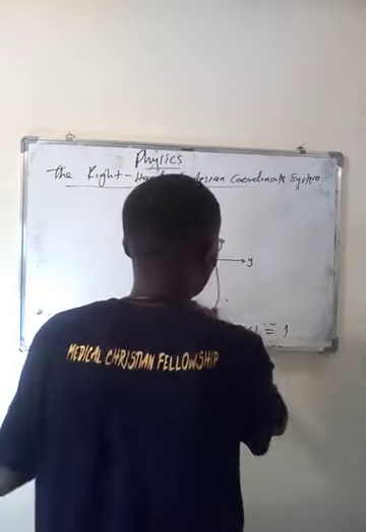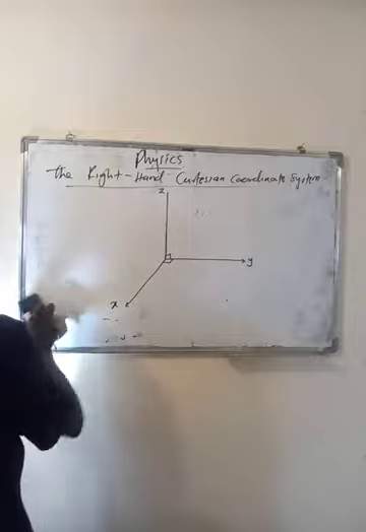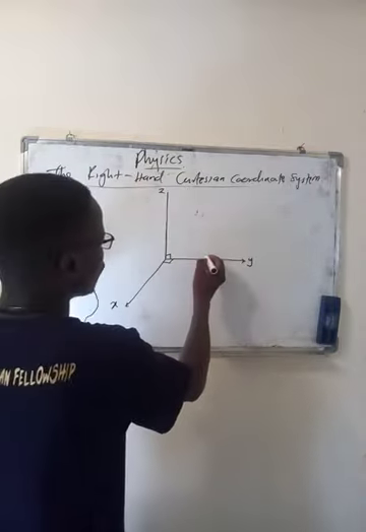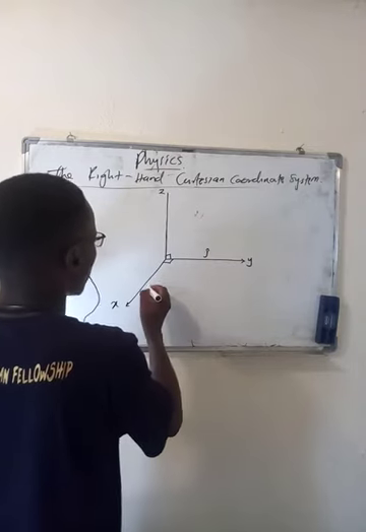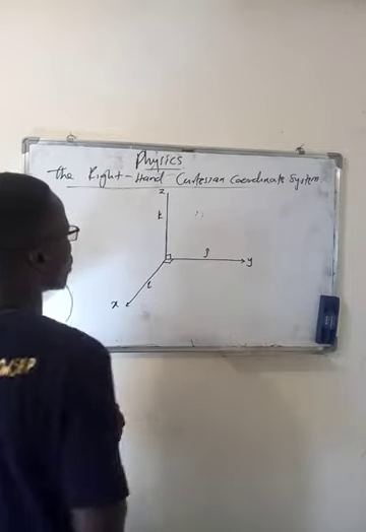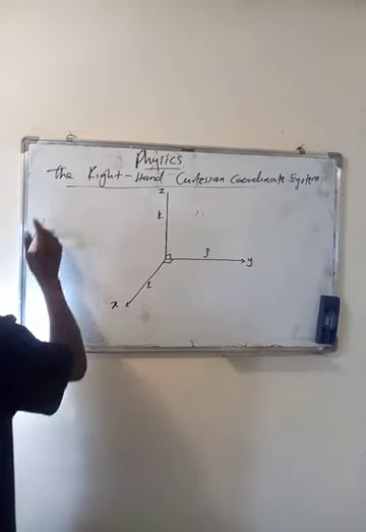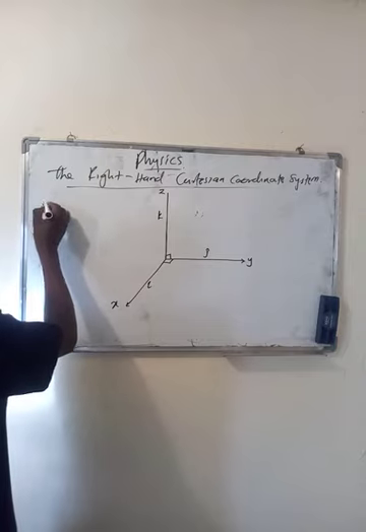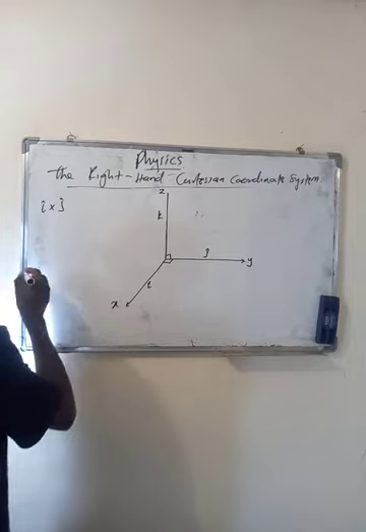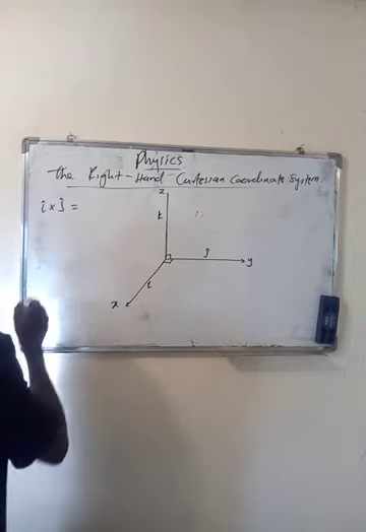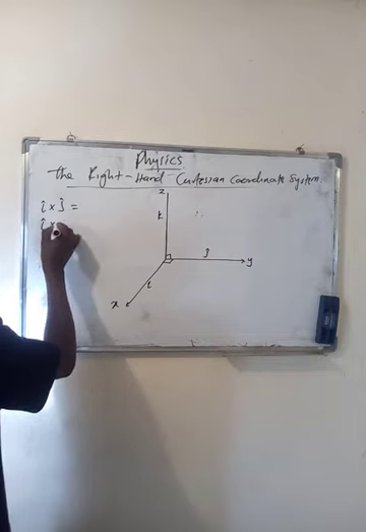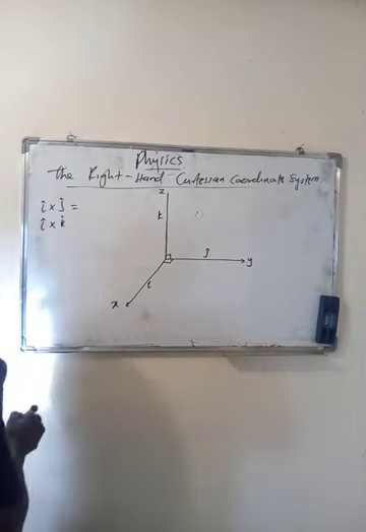Okay, so now let's proceed and look at how we use the right-hand Cartesian coordinate system. This side we have j, this side we have I, this side we have k. Let's look at a situation where we have I multiplied by j. What are we going to have? If we multiply I by k, what are we going to have?